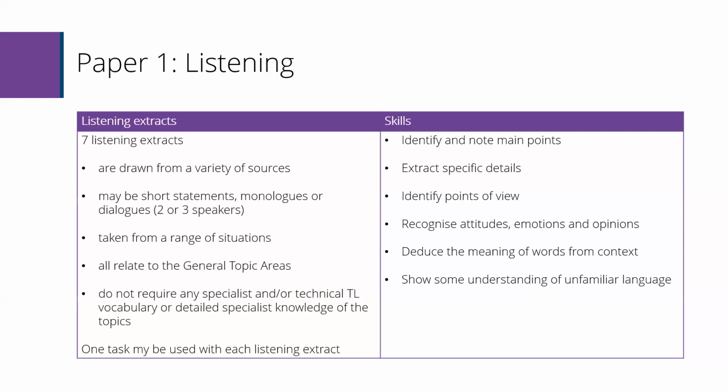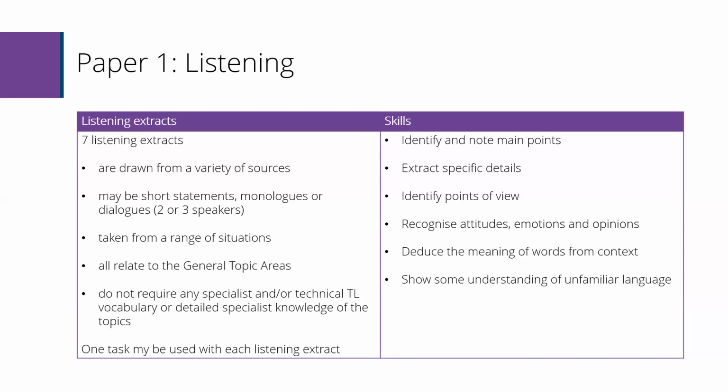And keep in mind that specific details are not necessarily specific words, but they will be small phrases in isolation. So vocabulary clearly is very important, but the test is, as it moves forward, increasingly unlikely to test specific items of vocabulary in isolation. What it will actually do is test comprehension at phrase level.